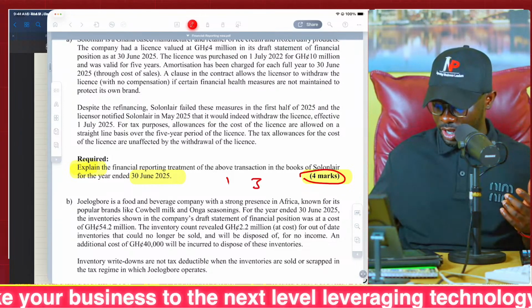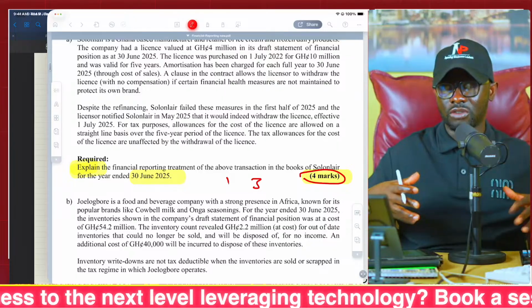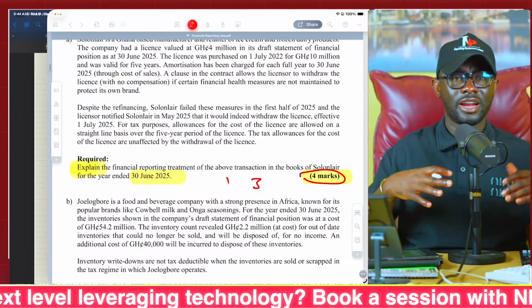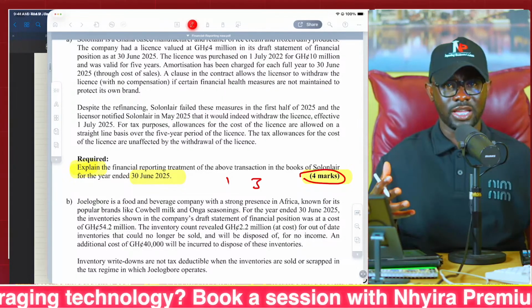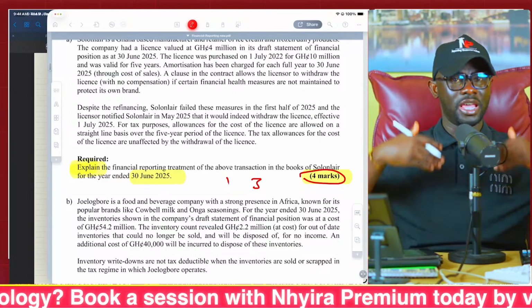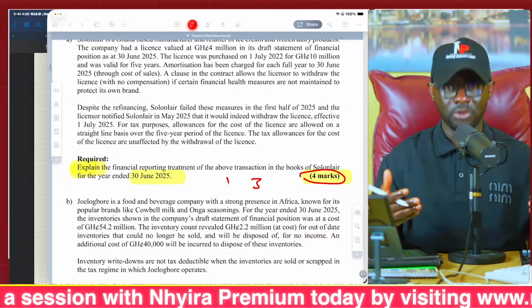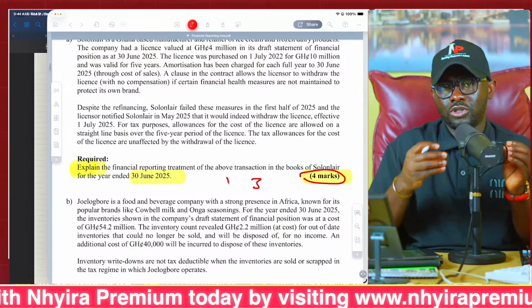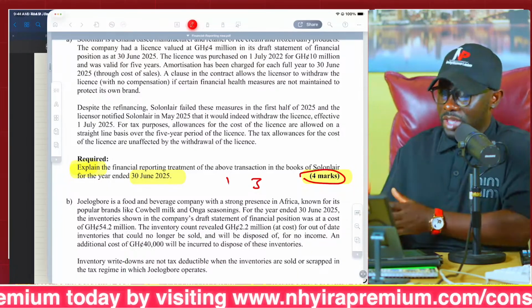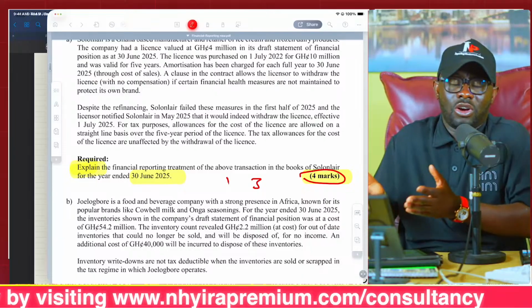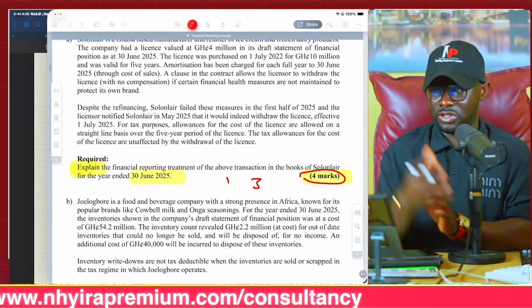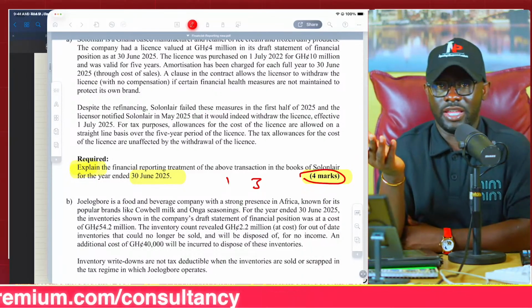Sometimes it could be 3 out of the 4 marks, depending on the structure of the questions. Sometimes in the question, we don't have a lot of calculations there. So the whole 4 marks question will be an explanatory thing that you are supposed to do. And so if you're not able to structure yourself very well, you're likely to walk away with 0.5, probably for some entry that you're able to make.